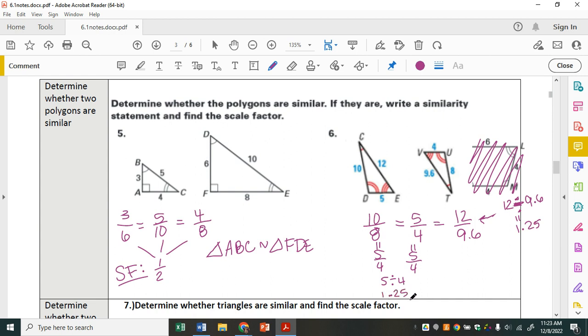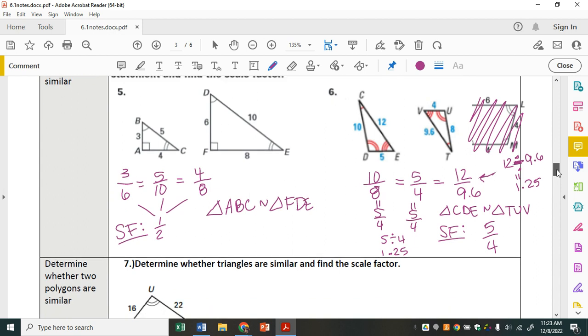If you plug in the 5 divided by 4, you'll also get 1.25. So these are going to end up being all the same, right? They're all equal. So triangle CDE will be similar to triangle TUV, but when it asks for your scale factor, you're always going to give your fraction version of the scale factor. So you're not going to list the scale factor as 1.25. You're going to tell me that it's 5/4.